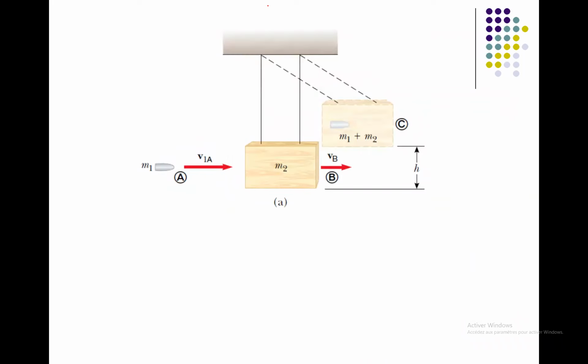So here we have a system, a collision at this position. After the collision, the system moves up to this point. So first of all, we have the collision, and second, we have a conservation of mechanical energy between the point after the collision and the maximum point.